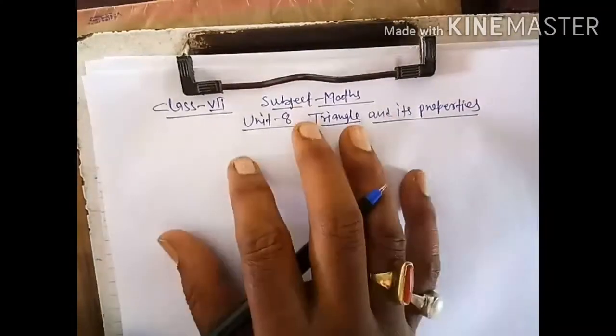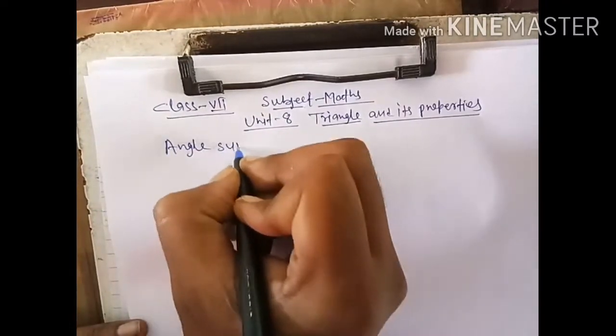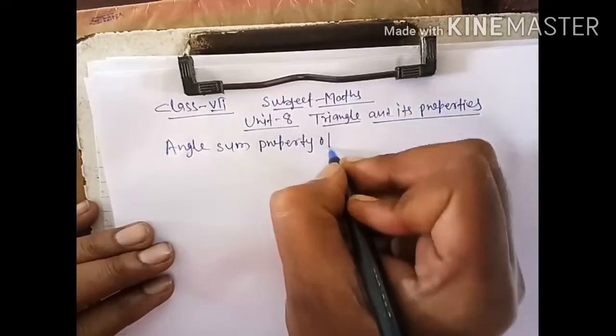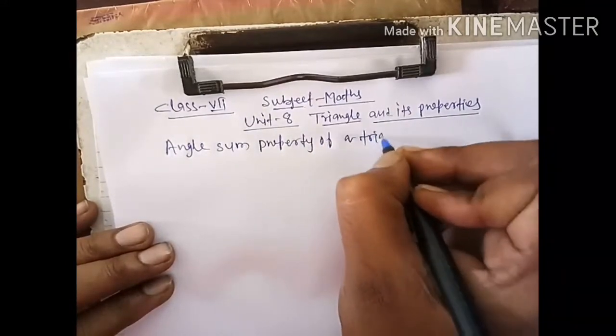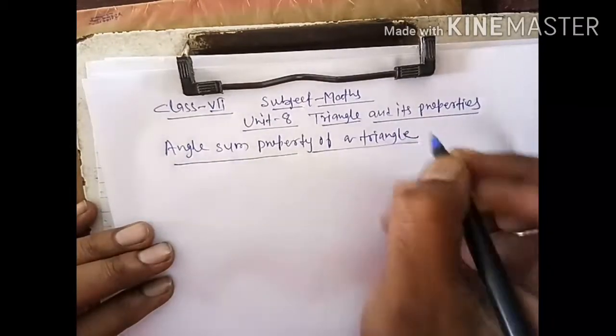Now first is angle sum property of a triangle.